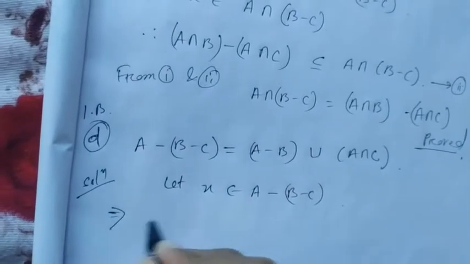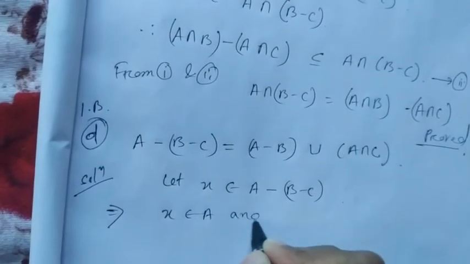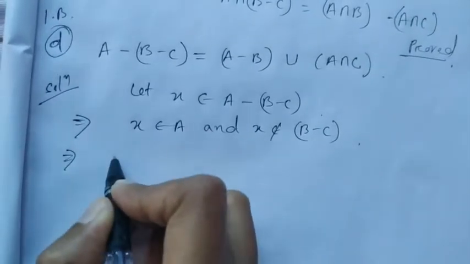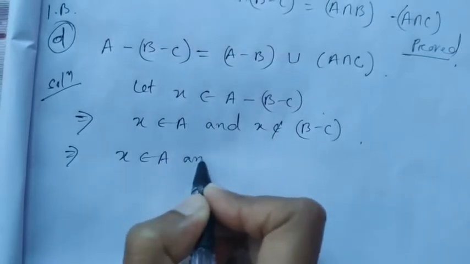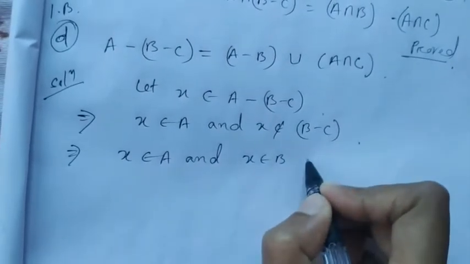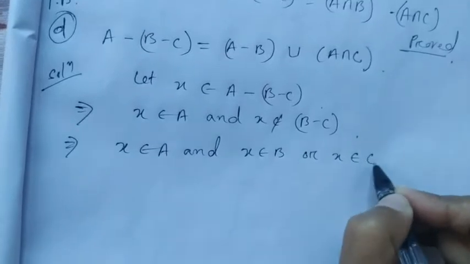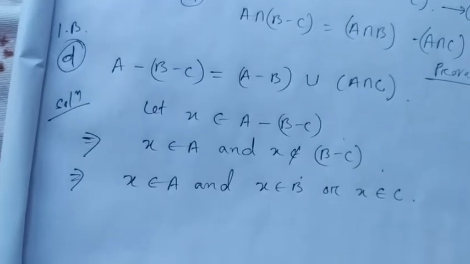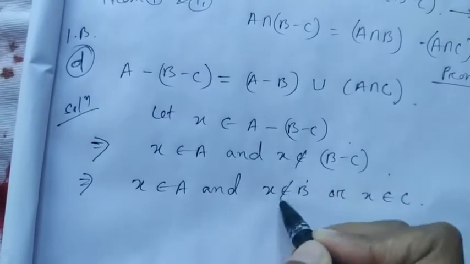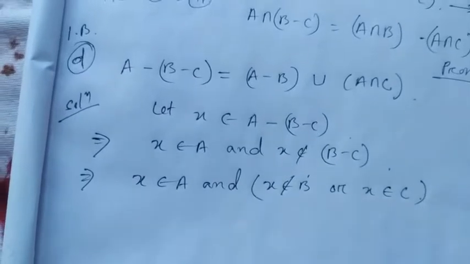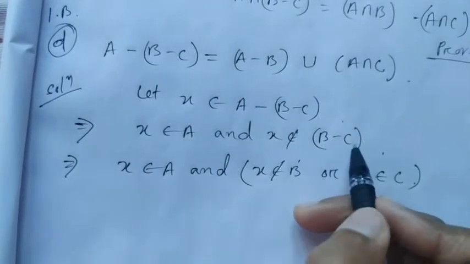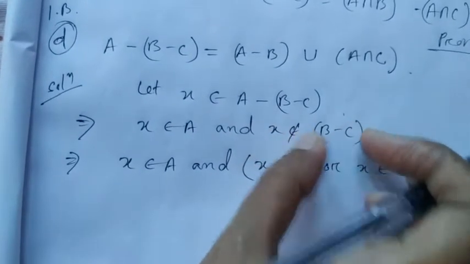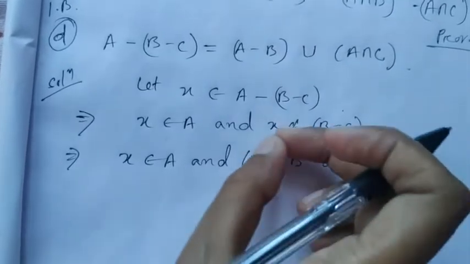So this implies x belongs to A and x not belongs to B minus C. That means x not belongs to B or x belongs to C. If x is not there in B minus C, then definitely x will be not in B, isn't it?